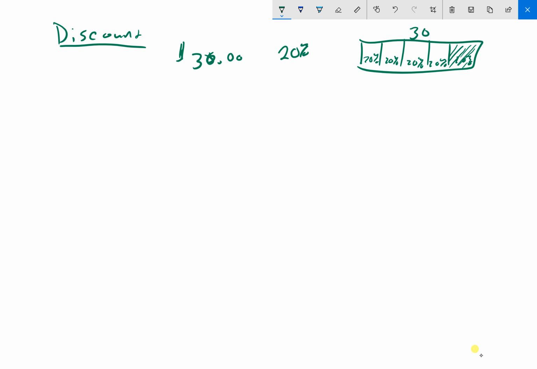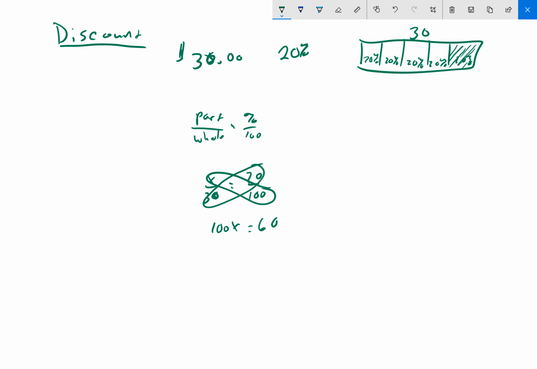So let's see. Our part over whole equals percent over 100. Now let's see. Our total is $30. Our percent markdown was 20. And so 100x, I'm going to do the cross product, equals 20 times 30, which is 600. Divided by 100.